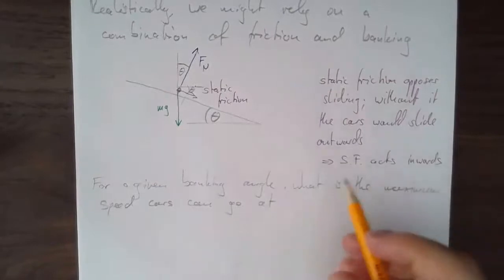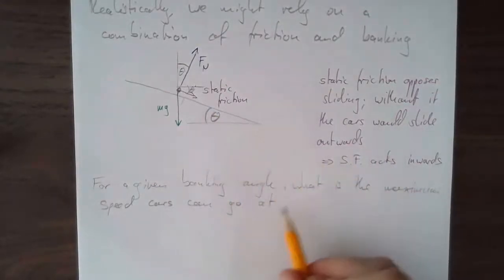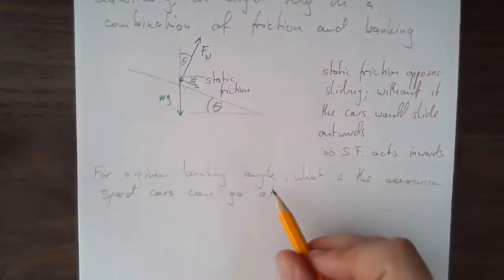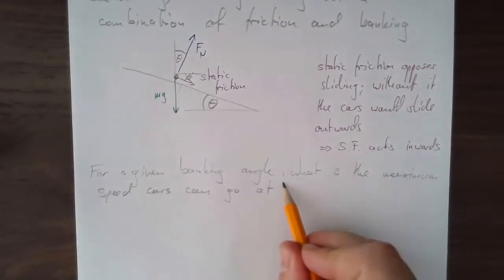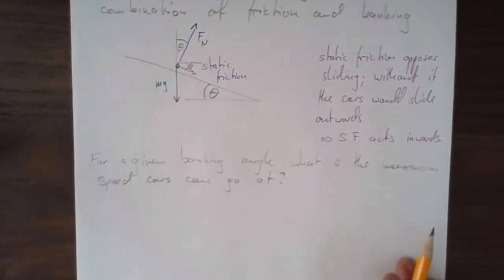That's kind of the inverse from before. We found the ideal one. Well, now we're just given one that's more realistic. Well, how fast can I go? Can I go faster than 67 miles per hour? Right, that's our goal. What's the maximum speed cars can go at?